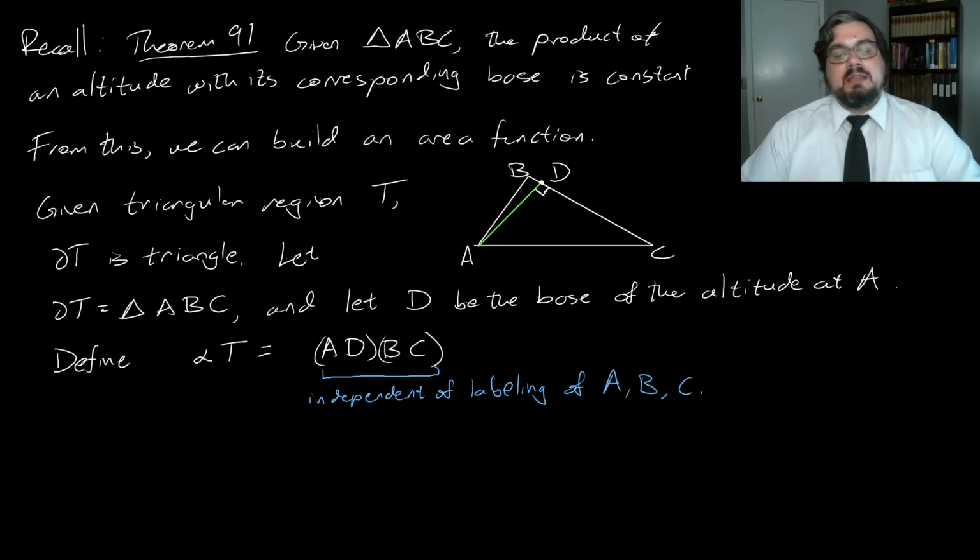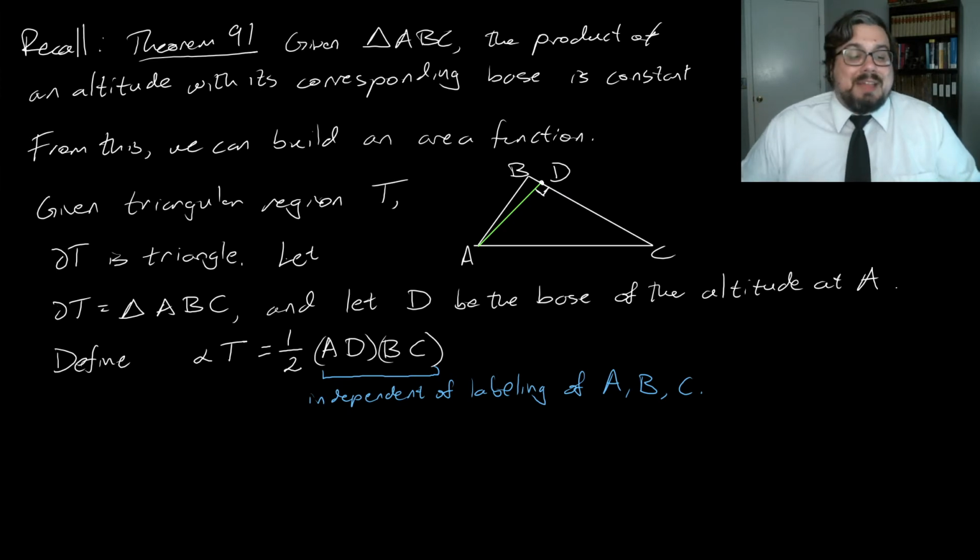Now, in order to make the area function work the way that we expect it to, we're actually going to include a factor of 1/2 here. We'll see why we want to do that in a little bit. This 1/2 makes the area function we're looking at behave very much in the way that we expect.